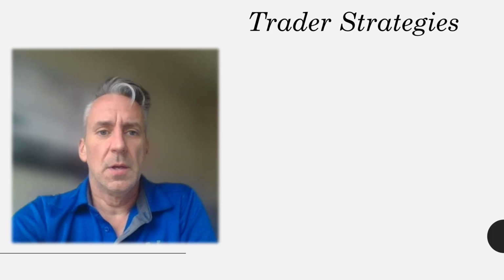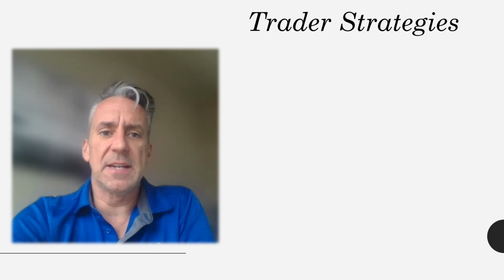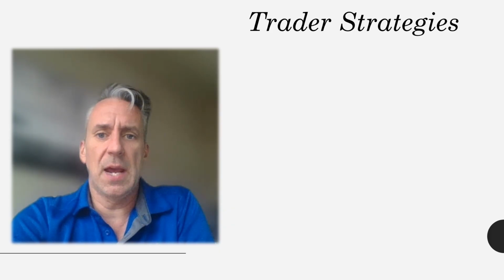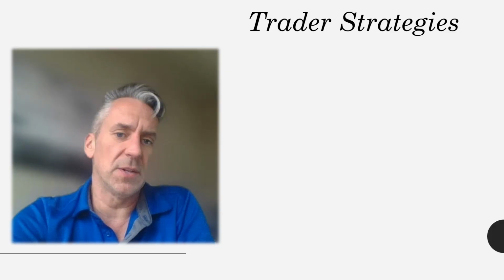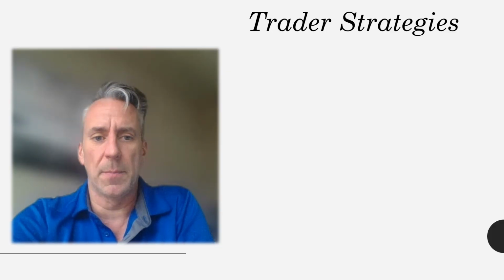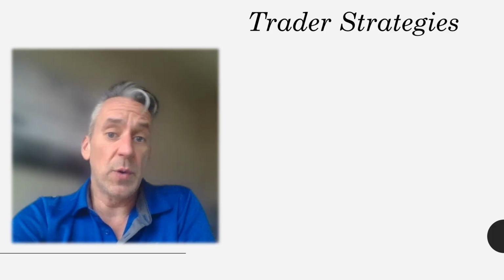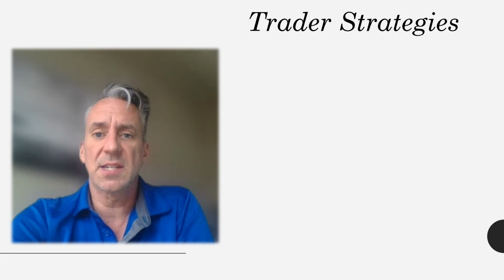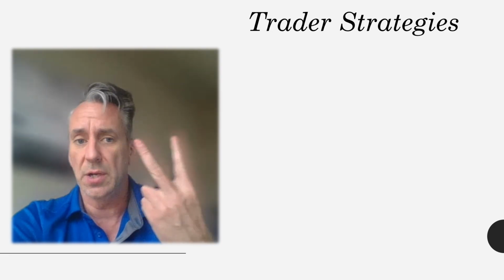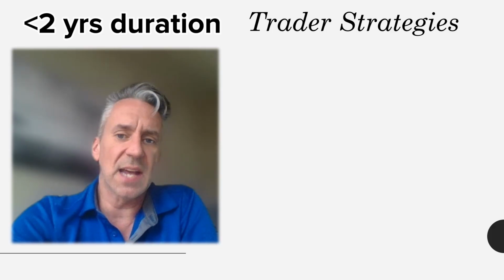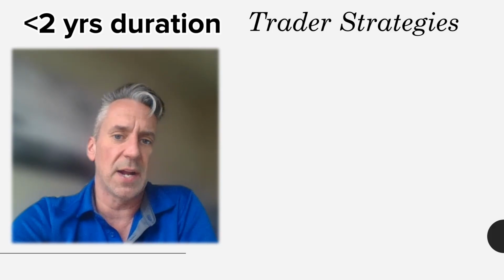So let's talk about the different trader strategies. And we know that the different strategies create different trading opportunities. So if we consider that short-term trader suggests holding a security generally less than 2 years, then we can make sense of some of these different trader strategy terms.